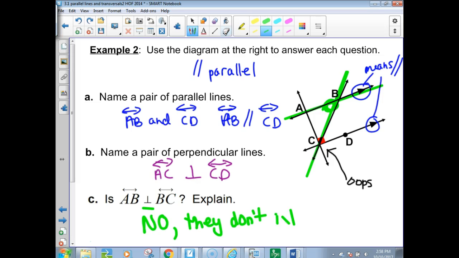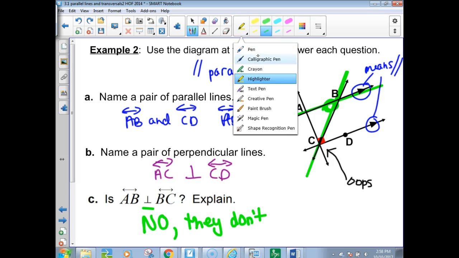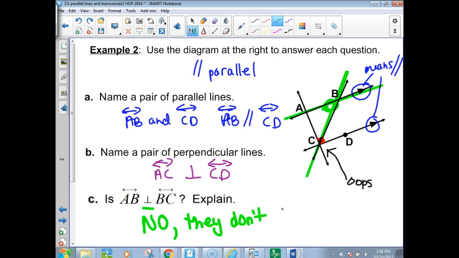Or they don't form right angles would be a quicker way to say it. Perpendicular implies right angles.